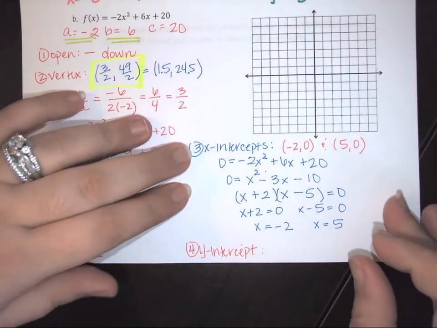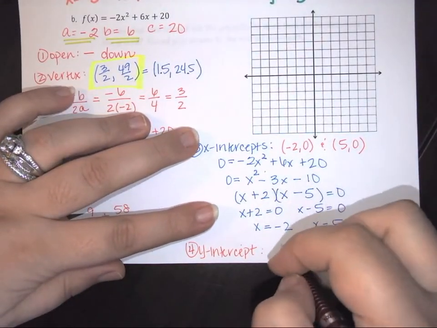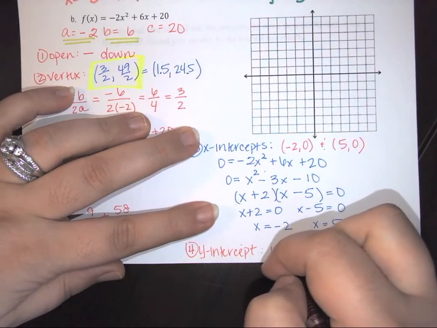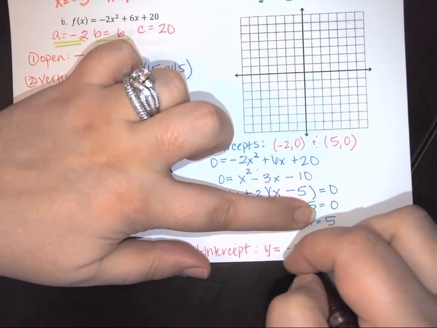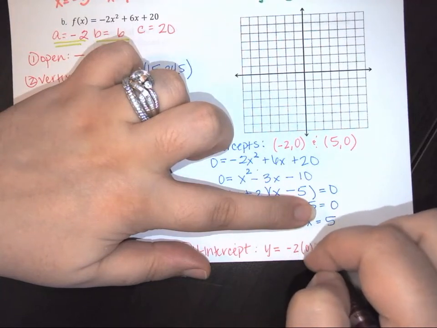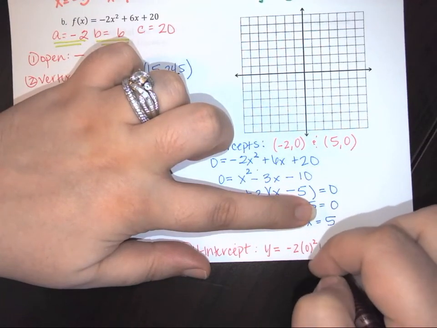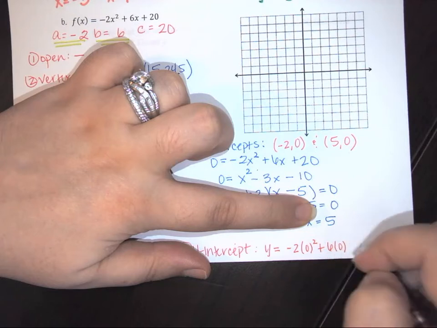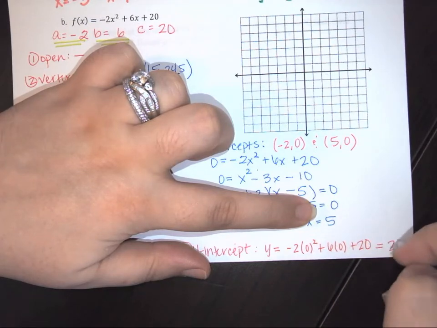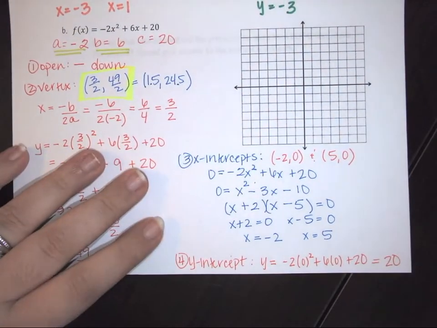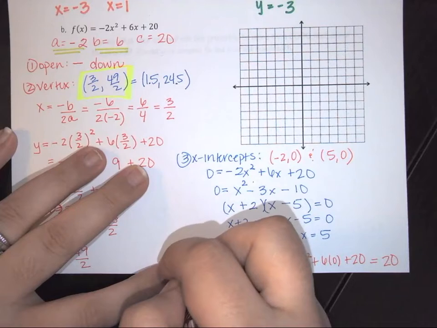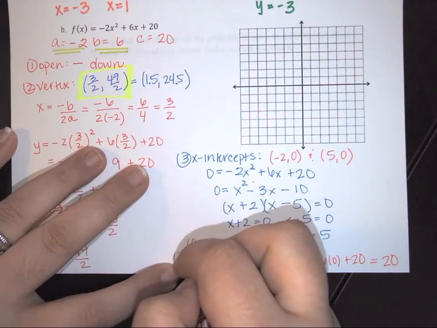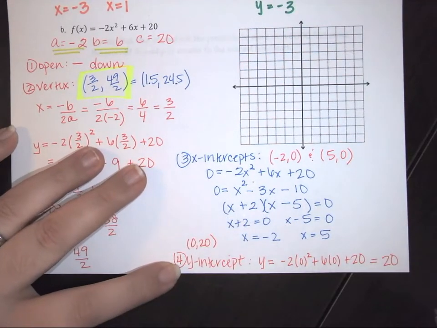So to do that y-intercept, y is going to equal negative 2 times 0 squared plus 6 times 0 plus 20, which gives me 20 as a result. It means the intercept value here for your y-intercept is the point 0, 20.